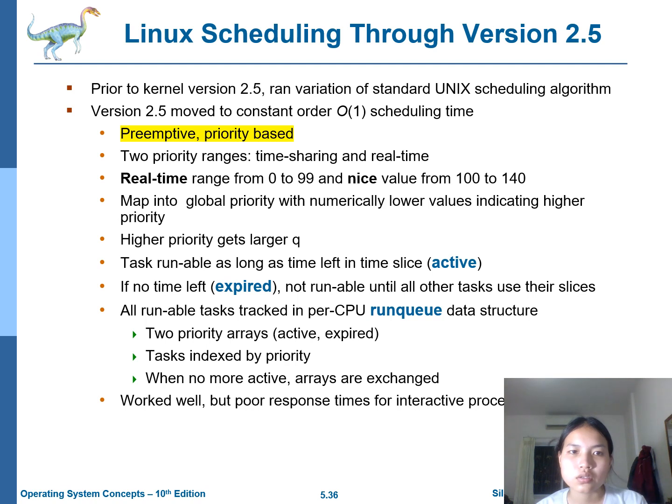Version 2.5 moved to constant order time, preemptive, priority-based scheduling, with two priority ranges: time-sharing and real-time. Real-time range is from 0 to 99 and nice value from 100 to 140. These map into global priority, with a numerically lower value indicating higher priority. Higher priority gets a longer time quantum.